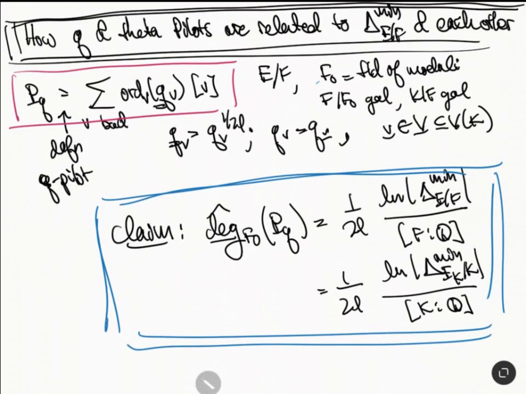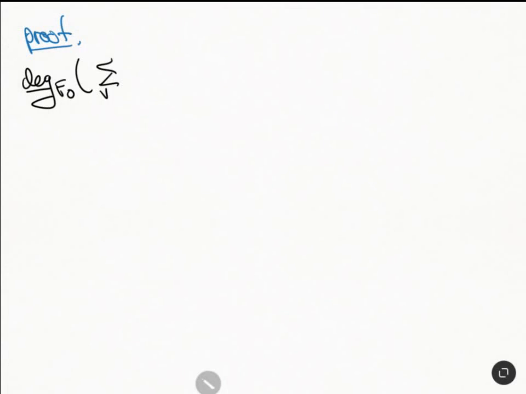So we'll take the degree. So let's just take the degree of this Q-pilot divisor. Okay, and so let's just do it in terms of, so I divide by 2L there? Yeah. Okay, so let's do this. These are all the bad places, right?